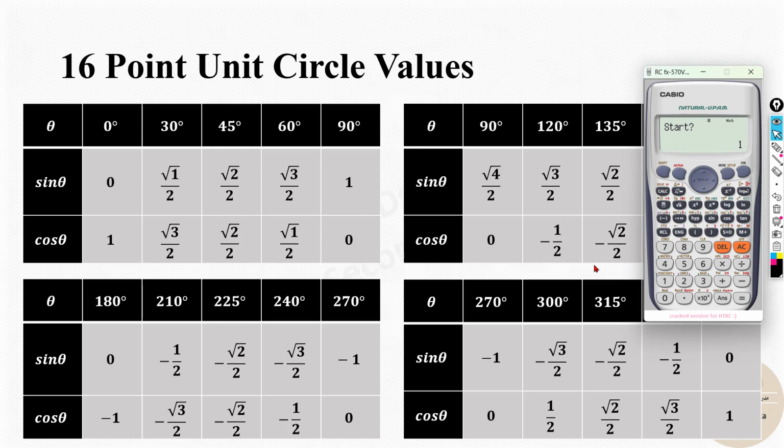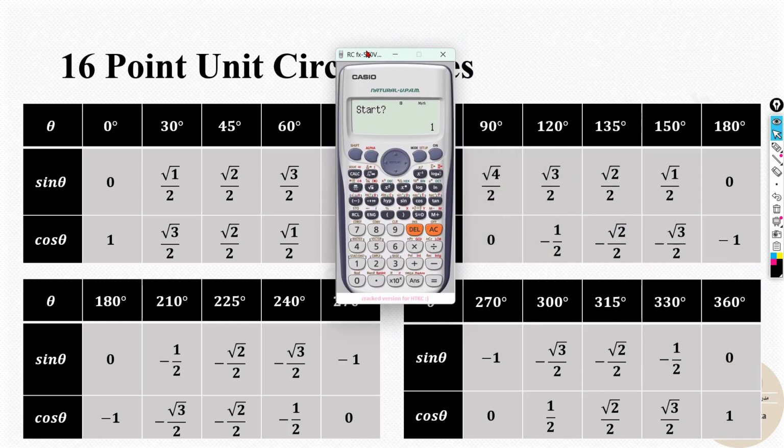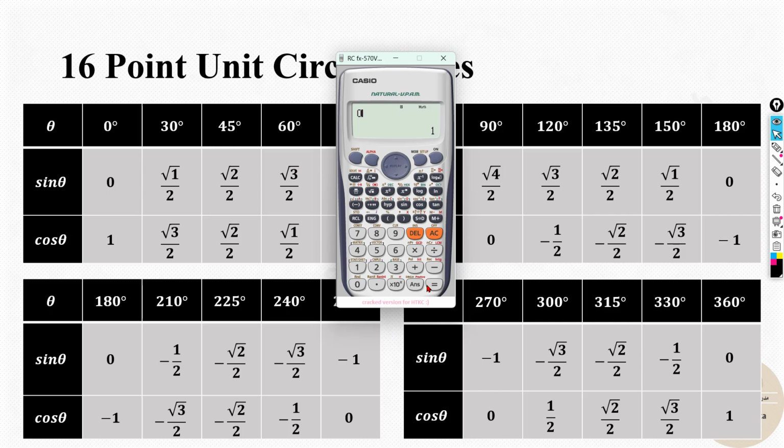Now where do you start? The unit circle is 0 to 360 degrees, right? So let me start at 0 and end at 360 degrees. Now for the step, if I take 15 degrees as the step, I'll get the values 0, 15, 30, 45, 60, 75, 90, 105, and it keeps going at an interval of 15 degrees.